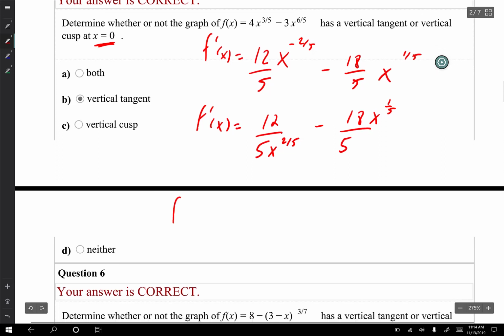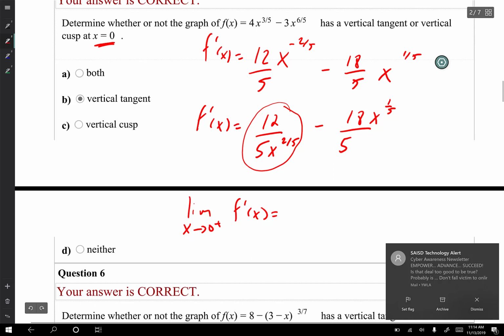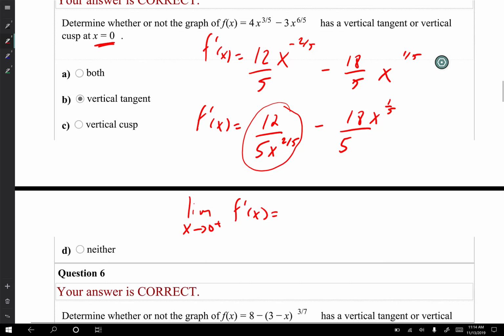I'm going to write the limit as x approaches 0 from the right of f prime. If I approach 0 from the right, this here is going to be a huge positive number. Who cares about the other term? Because it's x to the 1/5, I'm subtracting some small number. So it's a huge positive divided by some small number, so it looks like I'm going to have positive infinity.